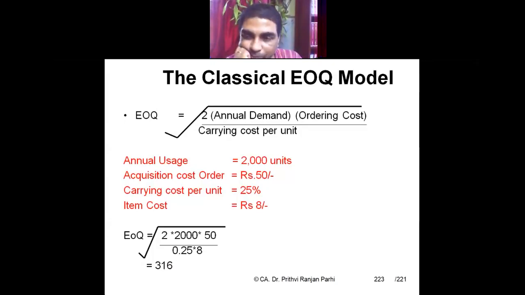How much you are getting? 2 lakh. 2 lakh divided by 2, how much you are getting? So 1 lakh. Root over of that. Yes, sir, 316. Then what is wrong here?